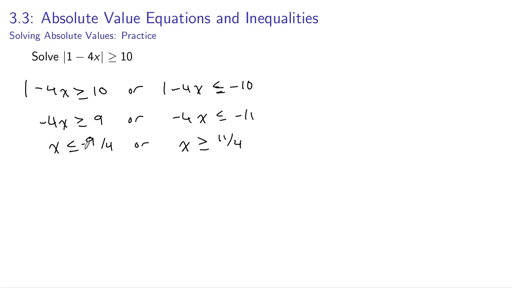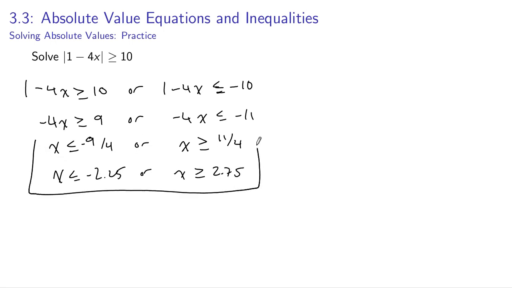And we could write negative 9 fourths as minus 2.25, and 11 fourths is the same as 2.75. So we can write it in either form and have a correct answer.